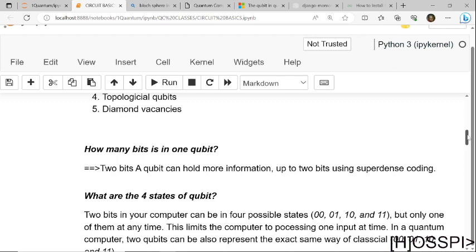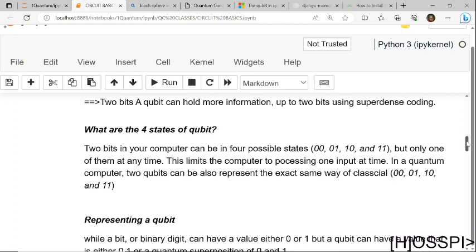A qubit can hold more information, up to 2 bits, using superdense coding. So actually it's a question which I want us to have more understanding on.